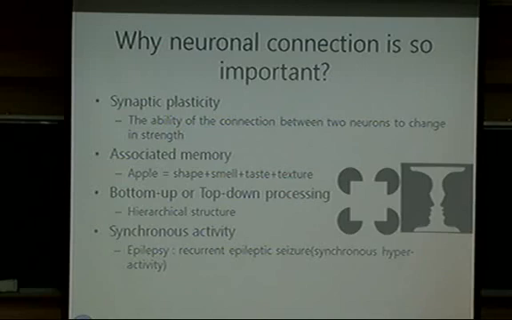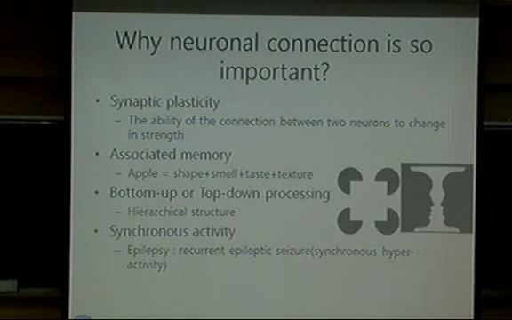Associative memory is something like this. When you think about apples, you can imagine the shape, smell, taste, and texture when you touch the apples. Why this is important is that the areas which process this kind of information are apart in the brain.